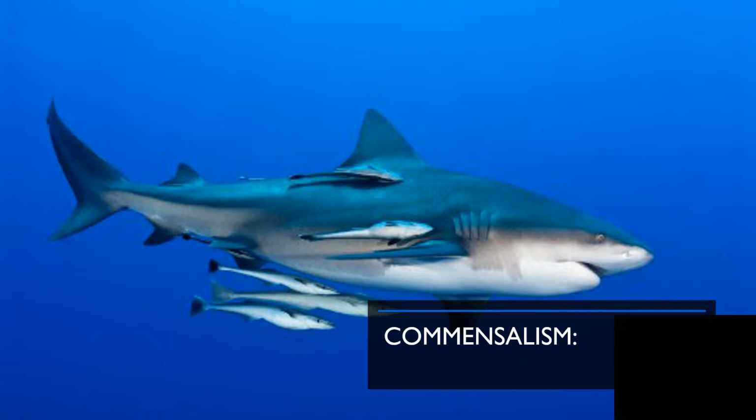The shark would pretty much hunt down prey and consume it, but whatever bits and pieces are left, the remora will be consuming. And they, of course, use it as free transportation and protection from other predators.